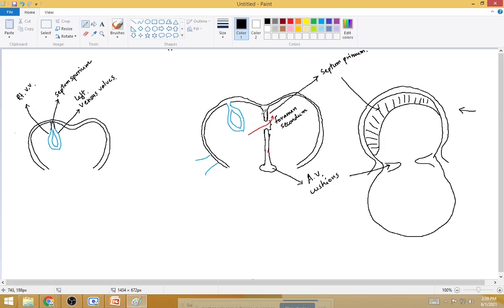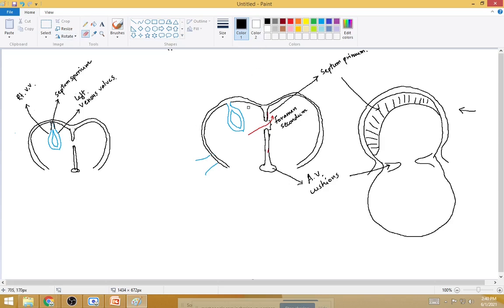Again I'll repeat: there was a septum coming down, the septum primum, and the AV cushion down. This is known as the foramen primum. Before it gets attached here, there is cell death to allow the passage of blood, and the foramen secundum is being developed. I hope it is clear by now.